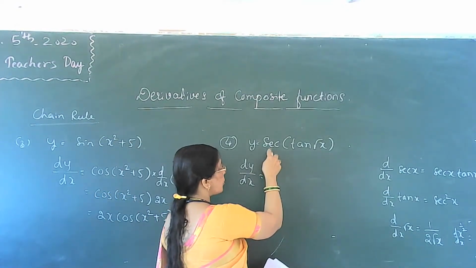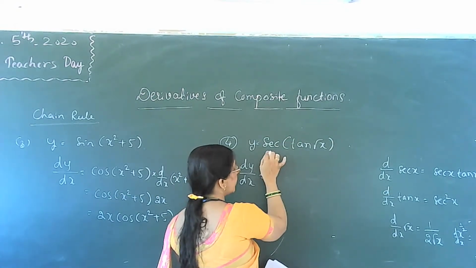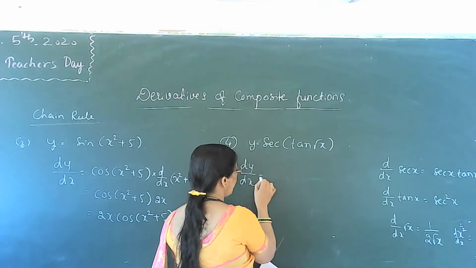Here first find the derivative of sec x. Take it as x. The derivative of sec x is sec x tan x.